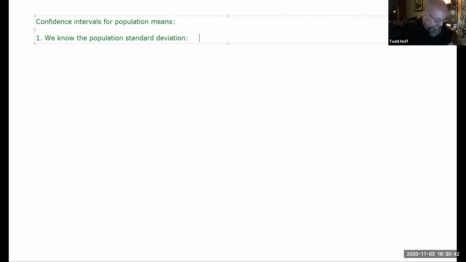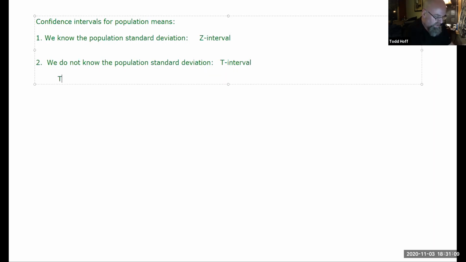In that case, it's going to be a Z interval. Two, we do not know the population standard deviation. In this case, it would be a T interval.